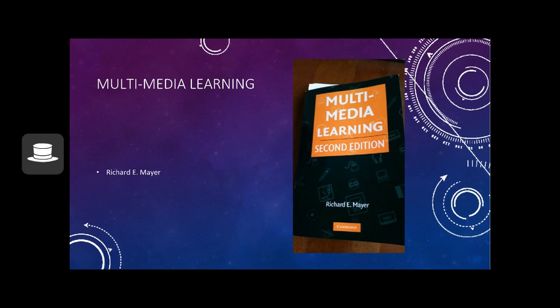The learner-centered approach begins with an understanding of how the human mind works, and then finding a technology that fits what we need to best help the learner process the information. So this presentation suggests Mayer's design principles using research behind how people learn better and the cognitive theory of multimedia learning.